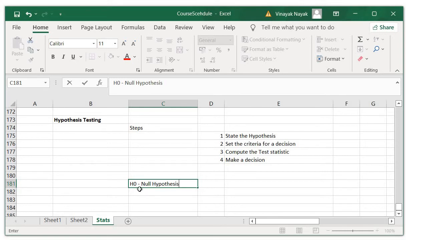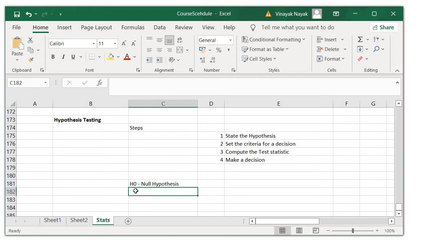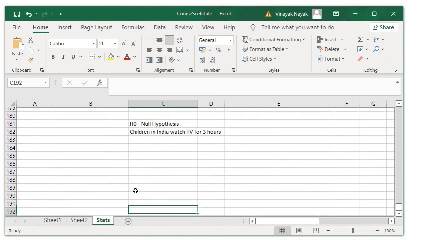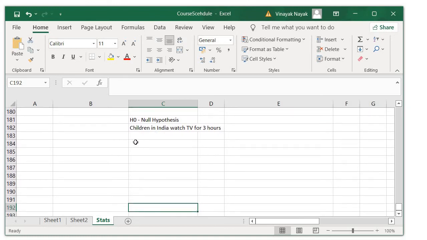Okay, so H0 is our null hypothesis, and what we are considering is children in India watch TV for 3 hours. So this would be our null hypothesis over here.